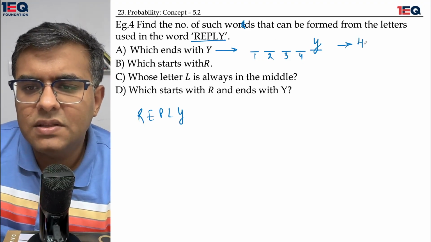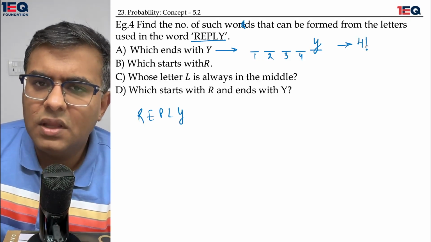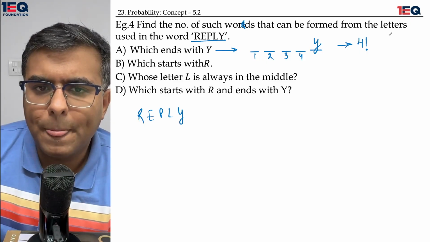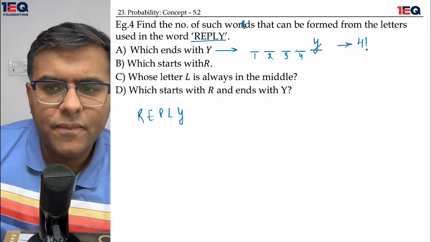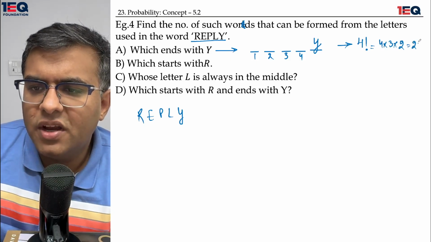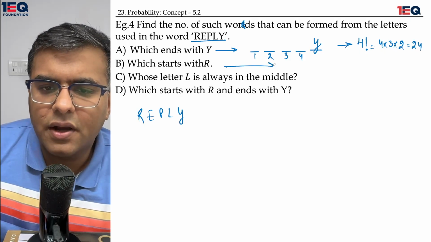That means the answer is going to be 4 factorial. What is 4 factorial? 4 into 3 into 2, 24 is the answer.